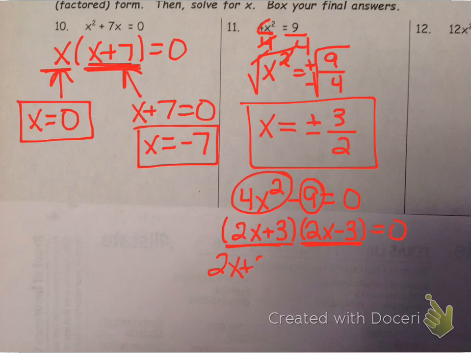And so when I take the first factor and set it equal to 0, I get -3/2 as my solution. And when I take the second factor and set it equal to 0, I get x is +3/2 as my solution, which are the same two solutions that I had up here. It just actually took more work to factor. So just don't think factoring is always the best method.